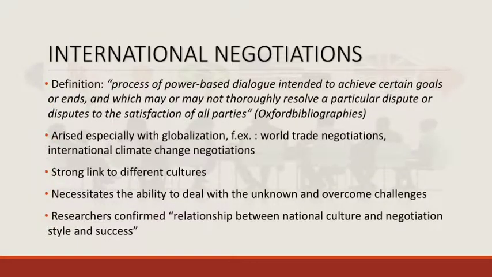So, to start with international negotiations, to have a clear definition in our mind, I chose the one from Oxford Bibliographies. It says that an international negotiation is a process of power-based dialogue intended to achieve certain objectives, goals, or ends, and which may or may not thoroughly resolve a particular dispute or disputes to the satisfaction of all parties.